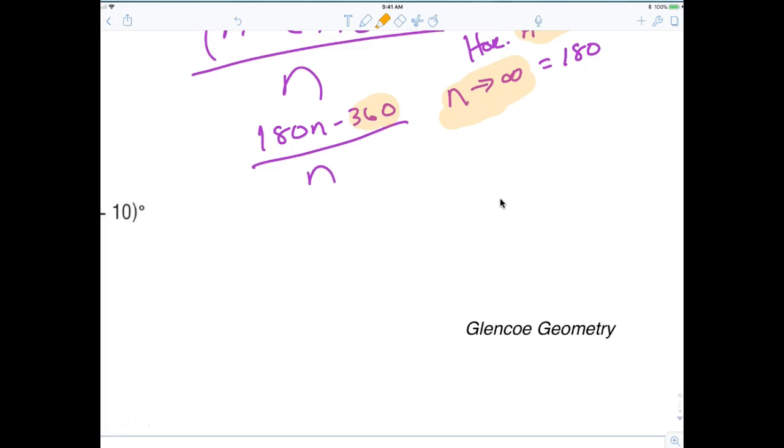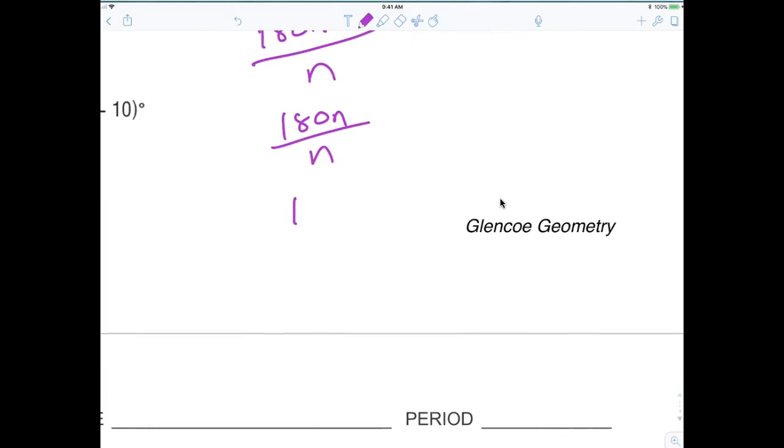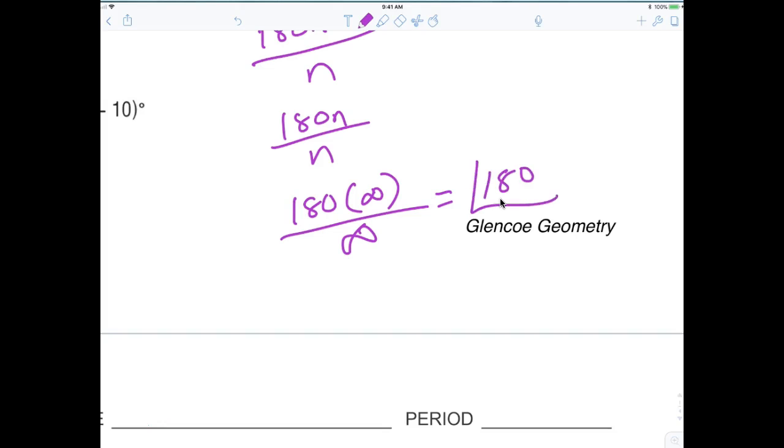So if that's insignificant, then technically my problem is 180n over n. And as n is approaching infinity, I show kids that 180 times infinity divided by infinity is actually 180. That's exactly right. So that's how simple math is. That's a little calculus question for you.